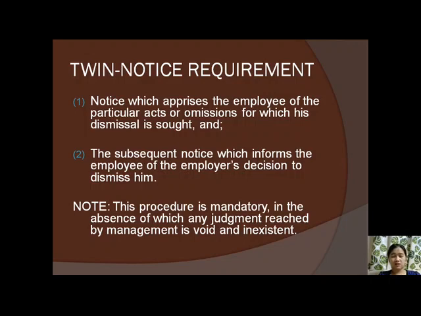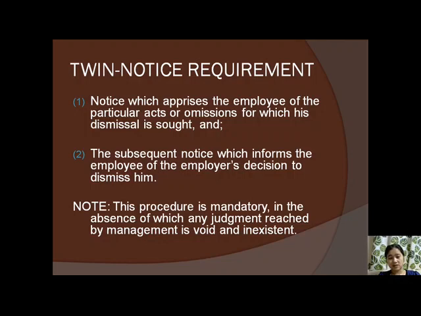So the notice apprises the employee of the particular acts or omissions for which his dismissal is sought. So again, the violation being committed must be written in the first notice, which is the notice to explain, and of course the subsequent notice, which informs the employee of the employer's decision to dismiss him.